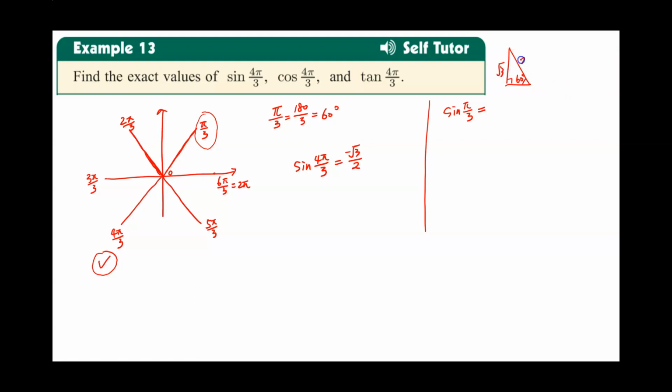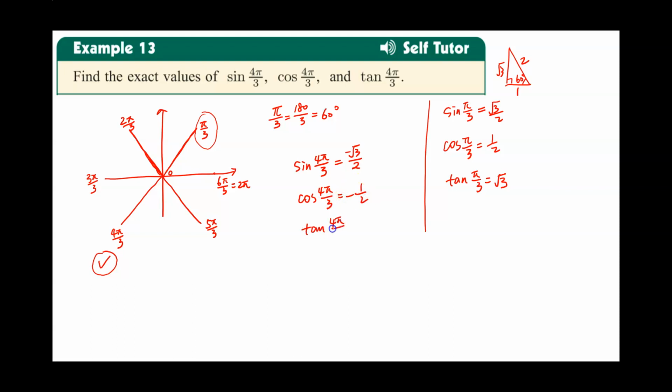So root 3, 2, 1. So sine pi on 3 is root 3 over 2. Cos pi on 3 would be 1 on 2. Tangent pi on 3 would be root 3 because it's opposite over adjacent. Using these, we could do cos 4 pi on 3 is negative 1 on 2.